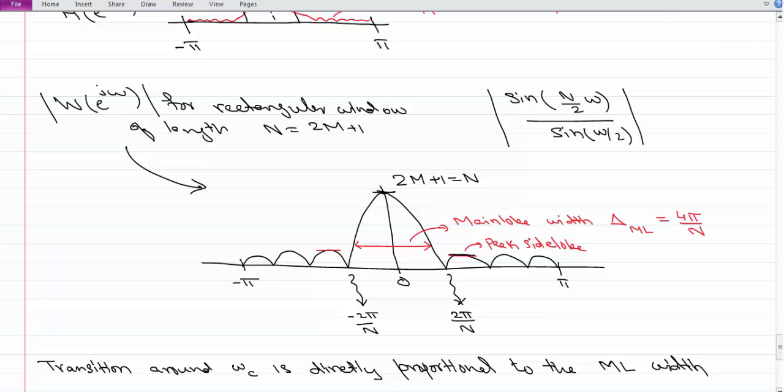Of course, these values will change. The peak side lobe height will change, the main lobe height will change, but the ratio remarkably will stay the same. And because that ratio will stay the same, the size of the ripples in the final frequency response will always be the same. Okay?